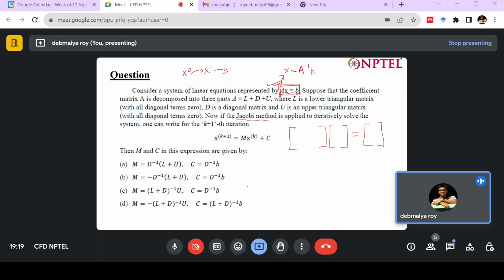So we have already discussed this, but let us do it again. What is the Jacobi approach? Let's say we have this initial guess x0, and we find x1 in such a way. Let me write down a few equations, not in the matrix form, but the complete equations.